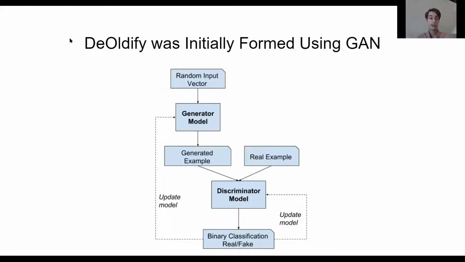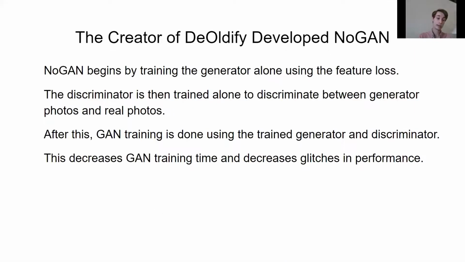So they learn together until the generator model fools the discriminator model about 100% of the time, such that the discriminator model just is randomly guessing whether the image it's given is true or false. And then at that point, we get rid of the discriminator model and we use the generator model to create our photos.